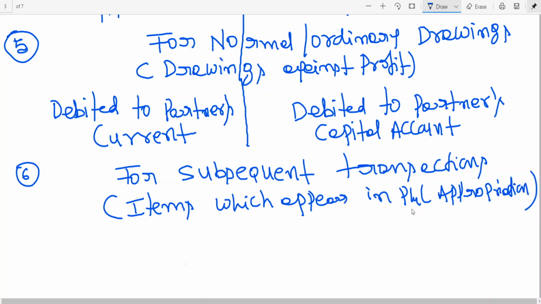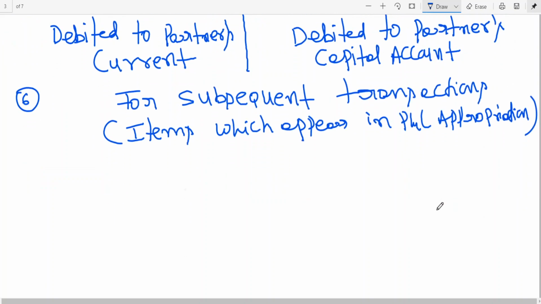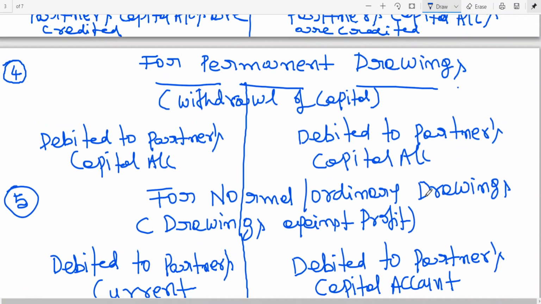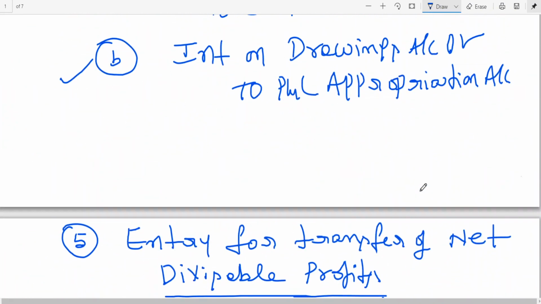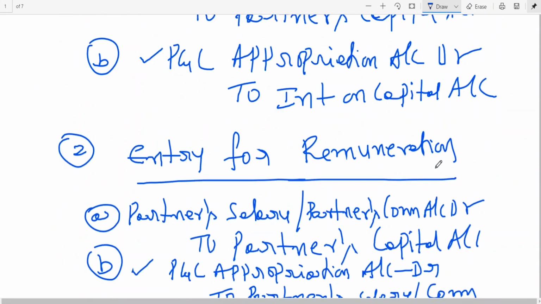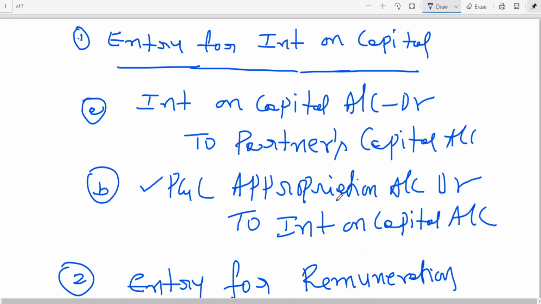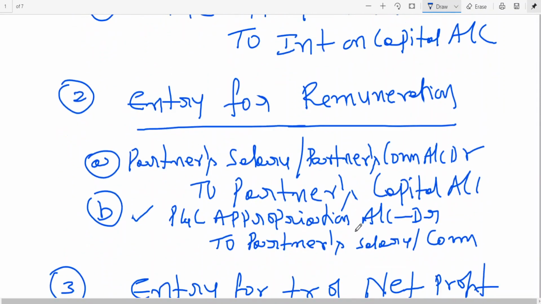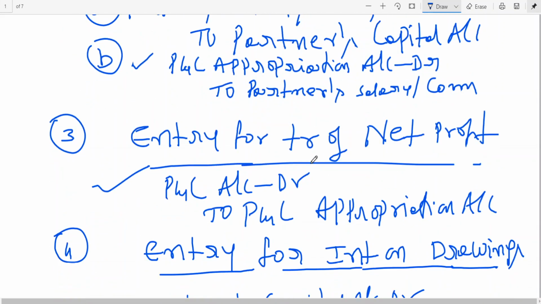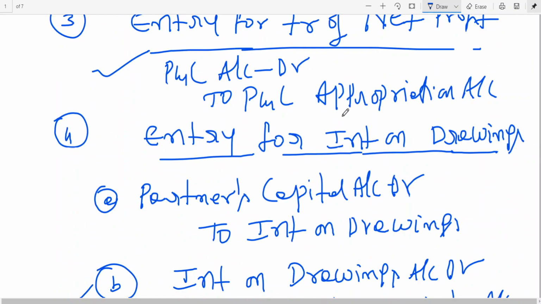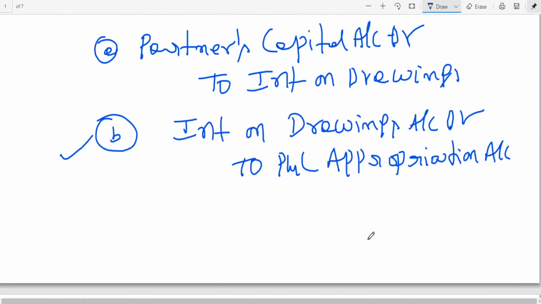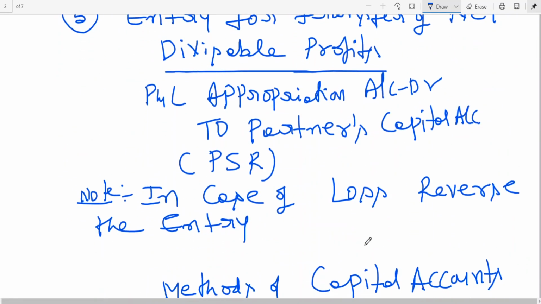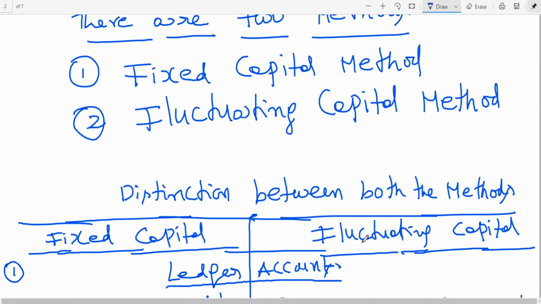What are the items which appear in the appropriation account? Today also I gave you the entries. Tell me: interest on capital, partner salary, commission, net profit, interest on drawings, and then the final divisible profit. These are the items we talk about.